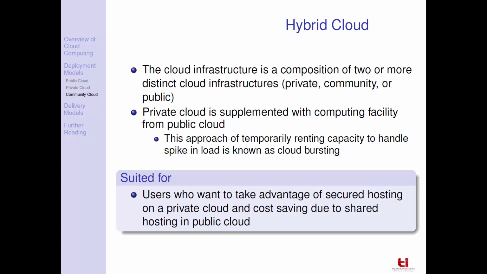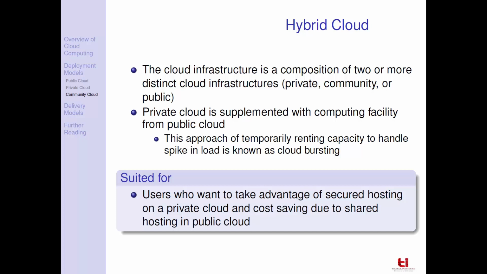In hybrid cloud, the cloud infrastructure is composed of two or more distinct cloud infrastructures, which are private, community, or public. So basically, hybrid cloud is nothing but a combination of private and public, or private and community cloud.